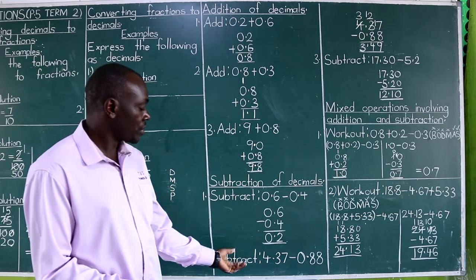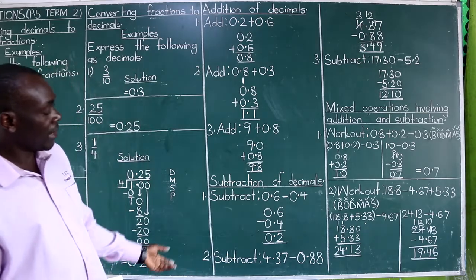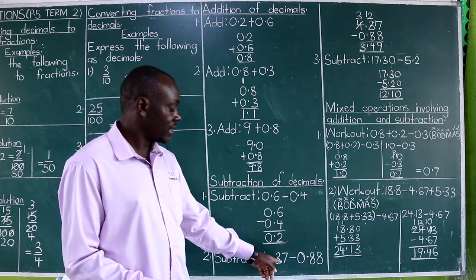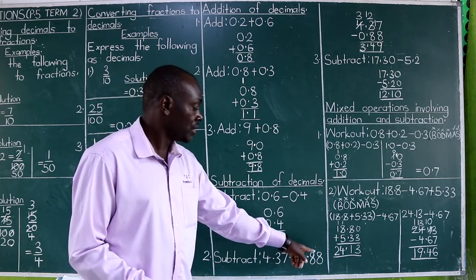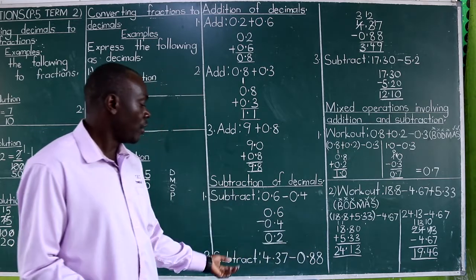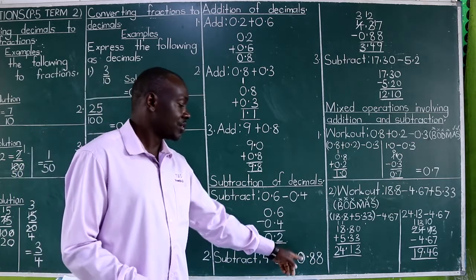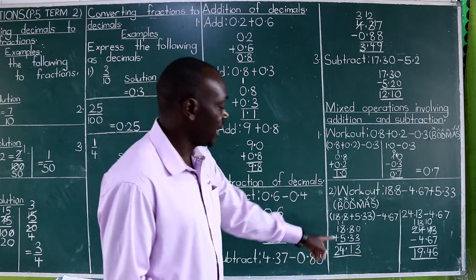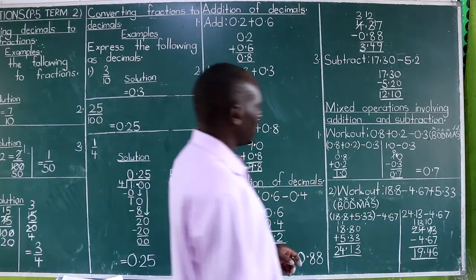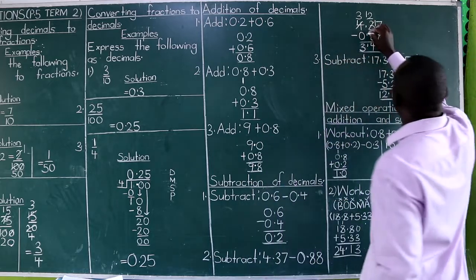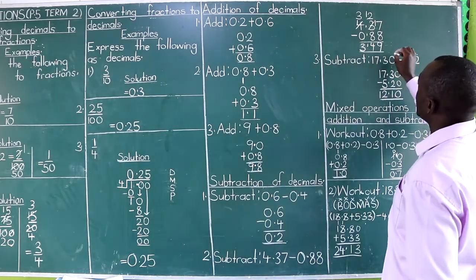You have been told to subtract in example number 2, 4.37 minus 0.88. Now, we again order, we say point, equals.